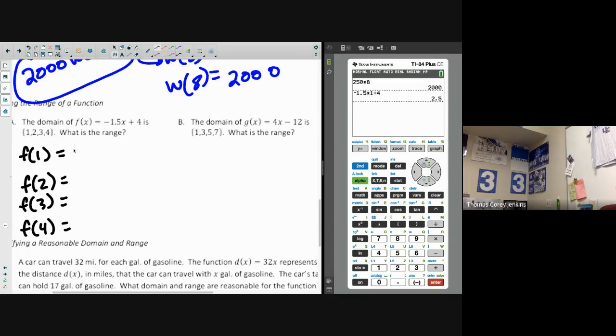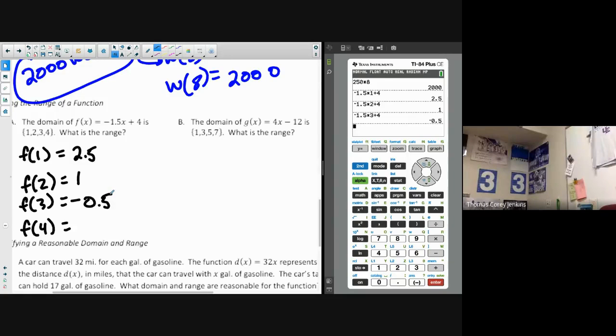So 1 goes to 2.5. 2 is going to go to negative 1.5 times 2 plus 4. So 2 goes to 1. 3 is going to go to negative 1.5 times 3 plus 4. So 3 goes to negative 0.5.